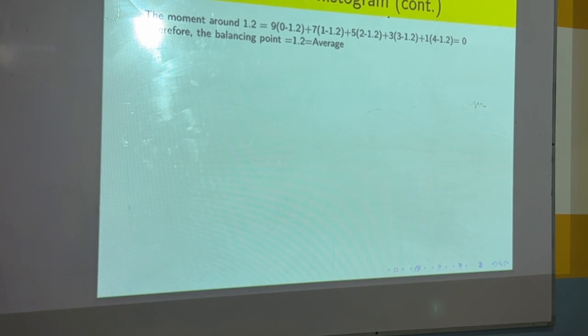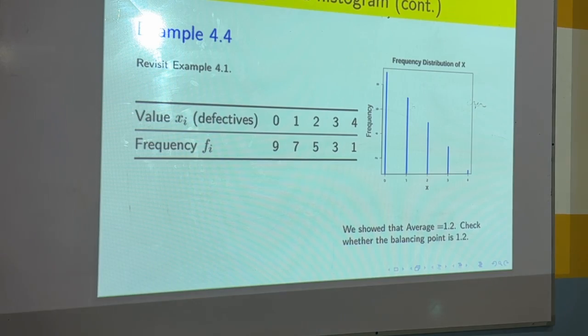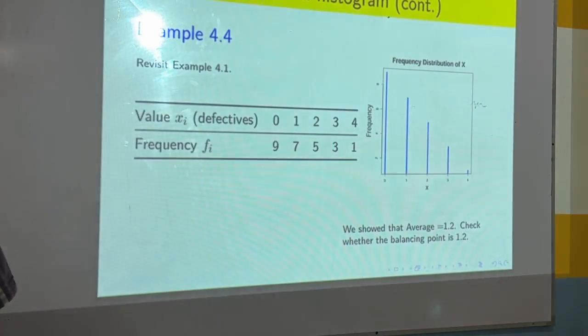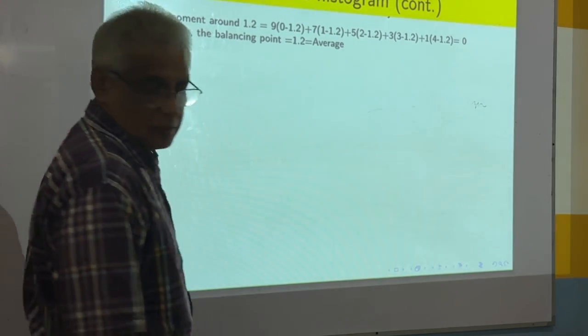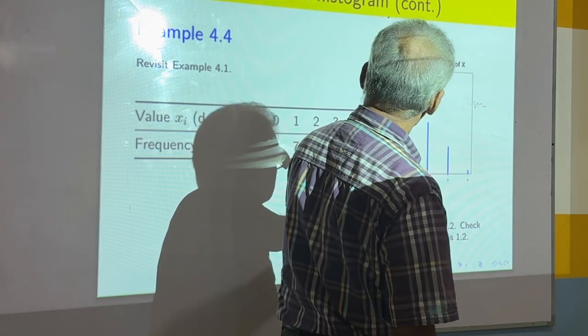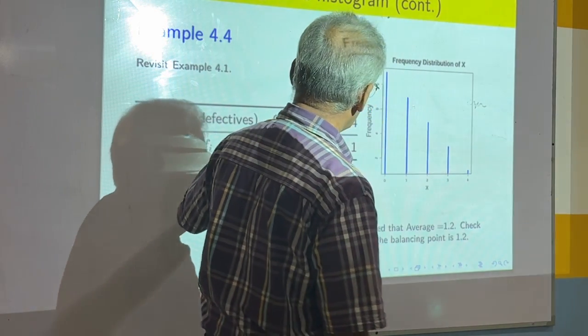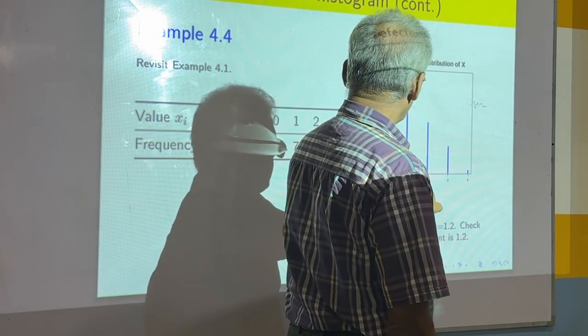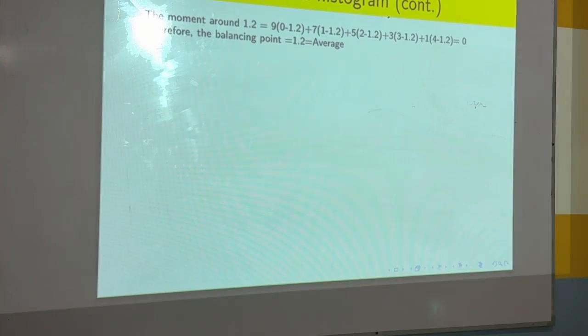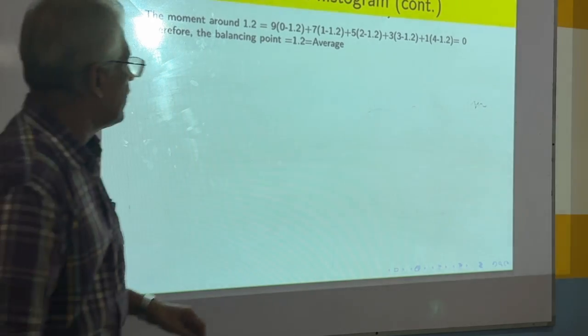So I have calculated that the moment around 1.2 is going to be 9, this height is 9 here, 9 times 0 minus 1.2, right?